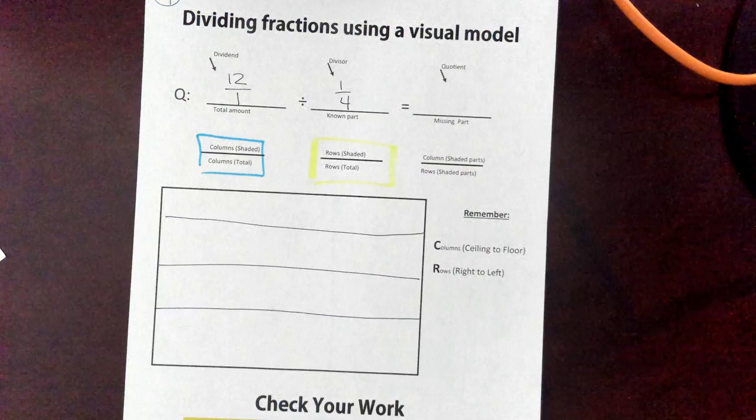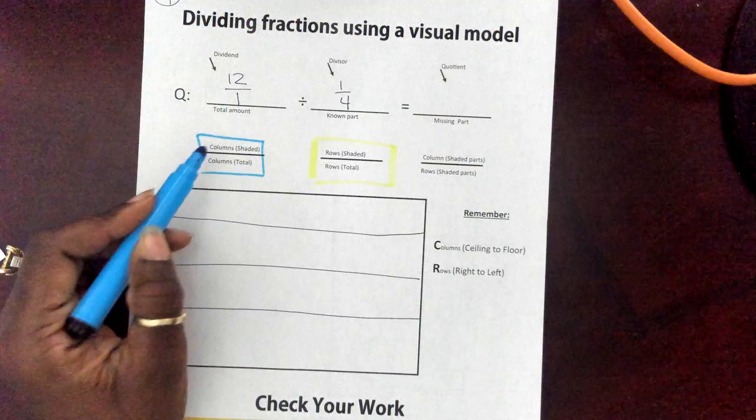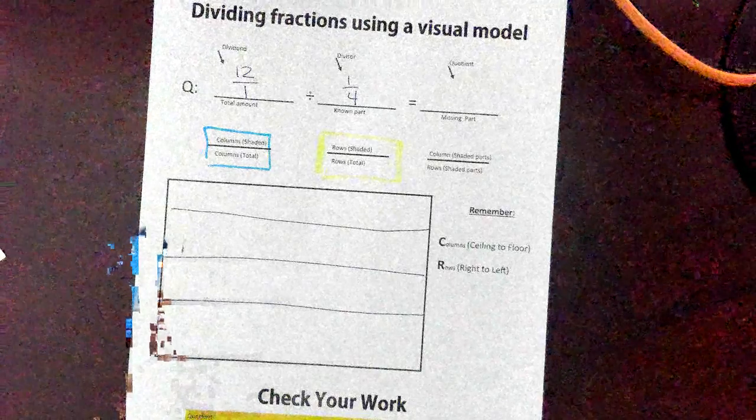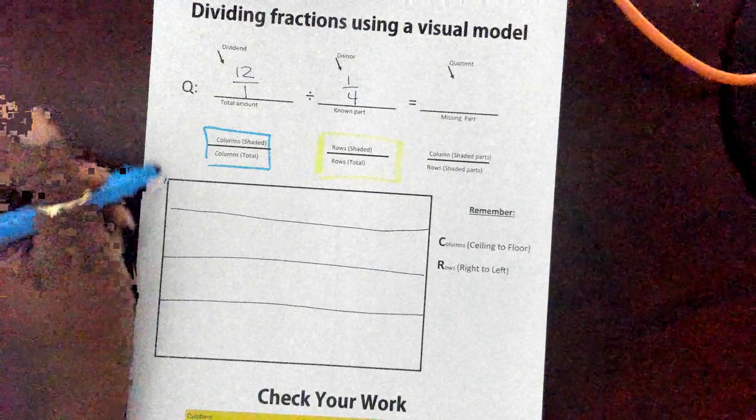Okay, now we need to know, what do we need to shade in? Well, we're going to shade in 12 columns, but we only have 1 column. And so remember, what that means is that we are going to add on to our original model.